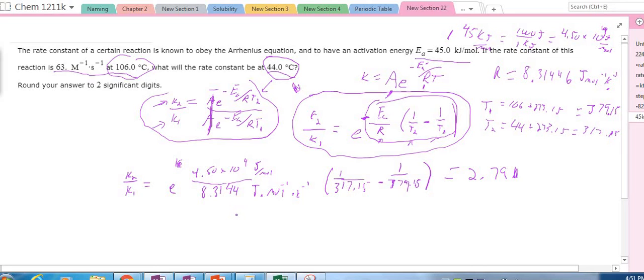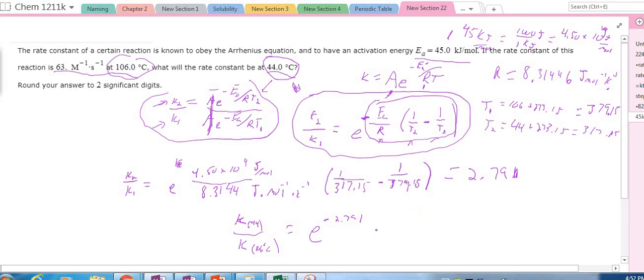And so if I do this, I have K2, which is really K at 44 degrees, that's how I'm going to denote that, divided by K at 106 degrees C, is going to equal E raised to the minus 2.791.